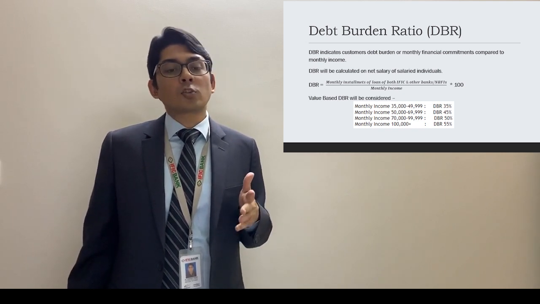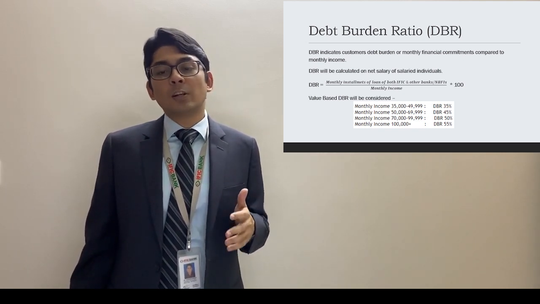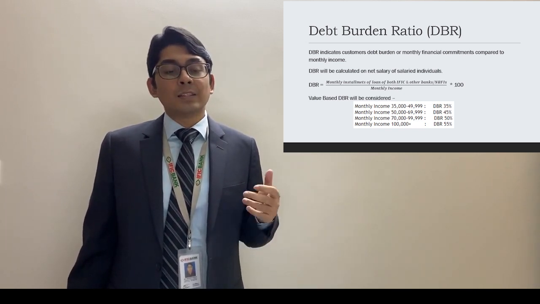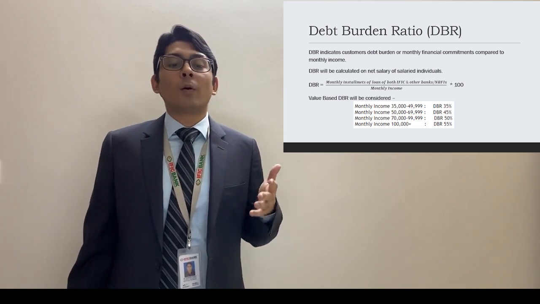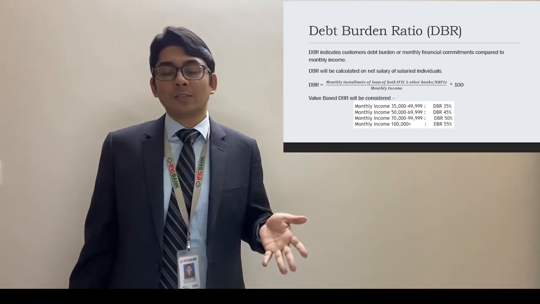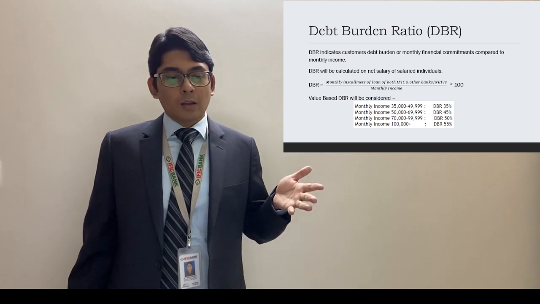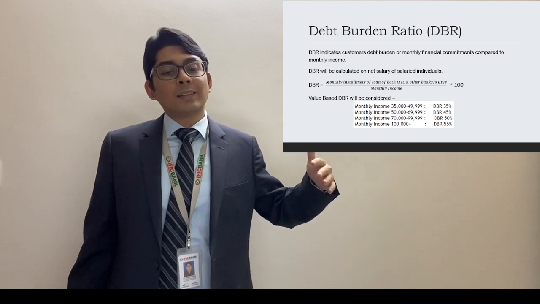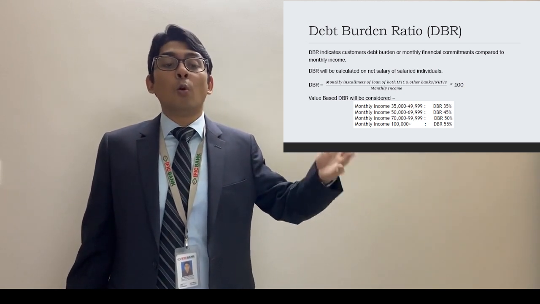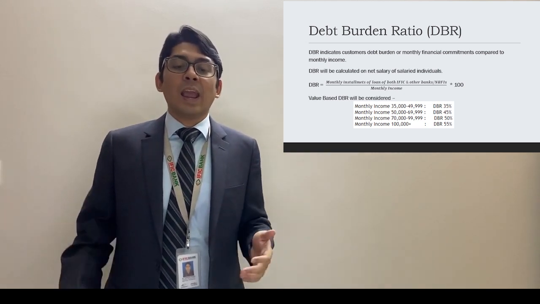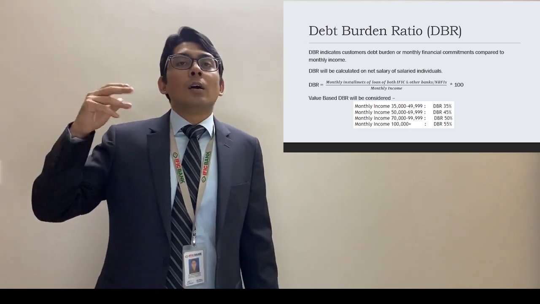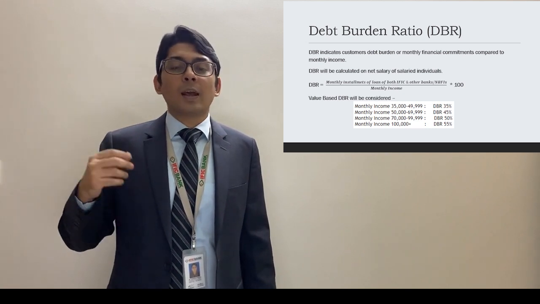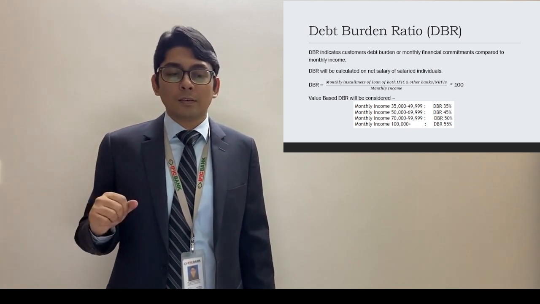DBR indicates customer debt burden or monthly financial commitments compared to monthly income. DBR will be calculated on net salary of salaried individuals, and DBR calculation is equal to monthly installment of loans of both IFIC and other banks or non-banking financial institutions divided by monthly income and the result multiplied by 100.